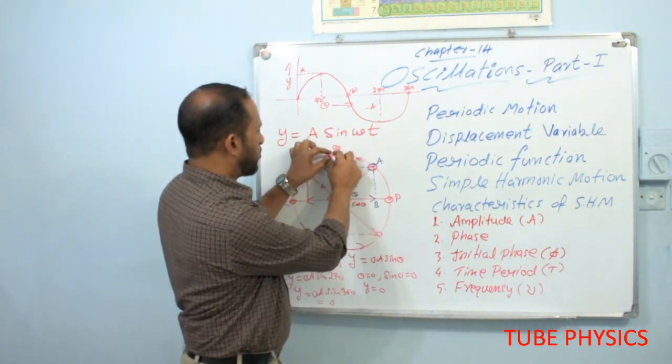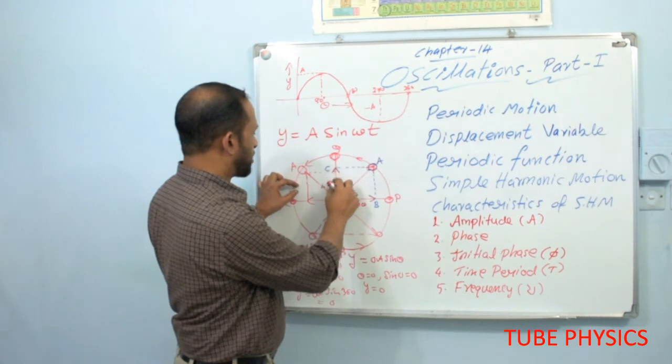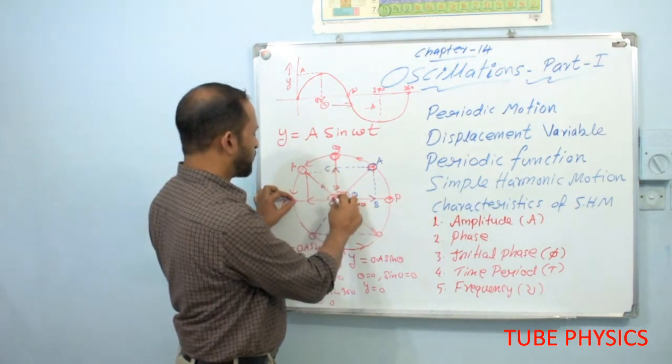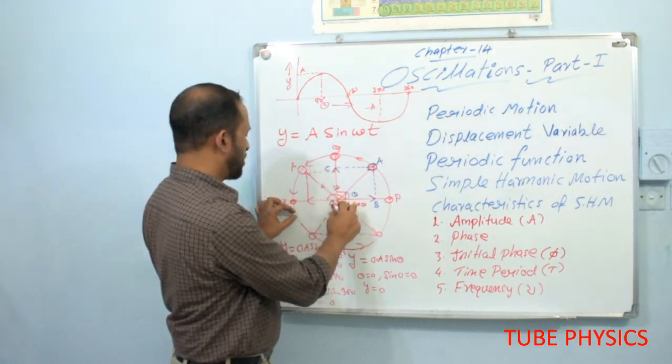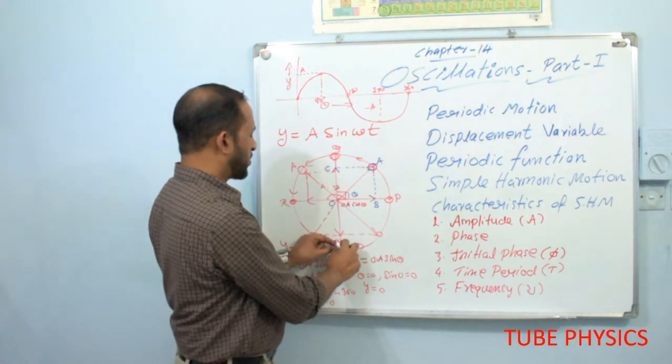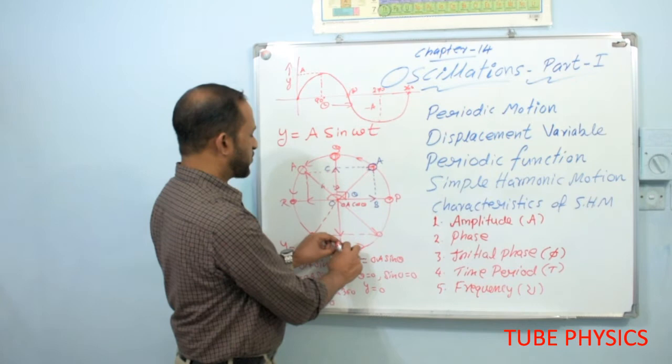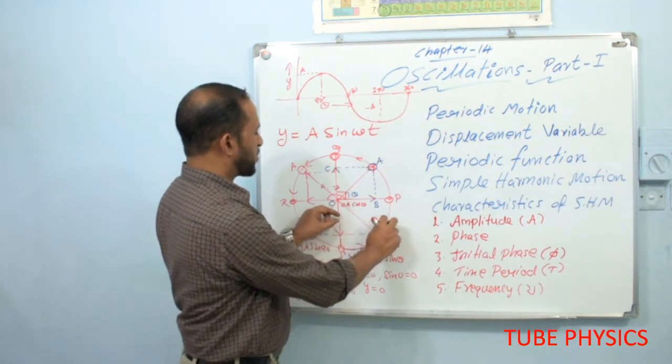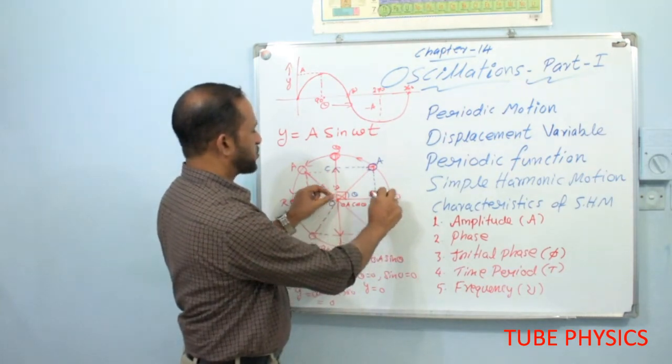When again the body moves this way it is decreasing, and when the body reaches here it becomes 0. When the body moves downward it is increasing in the opposite direction. At 270 degrees it becomes again maximum. When the body moves this way it is decreasing, and at 360 degrees it becomes 0.